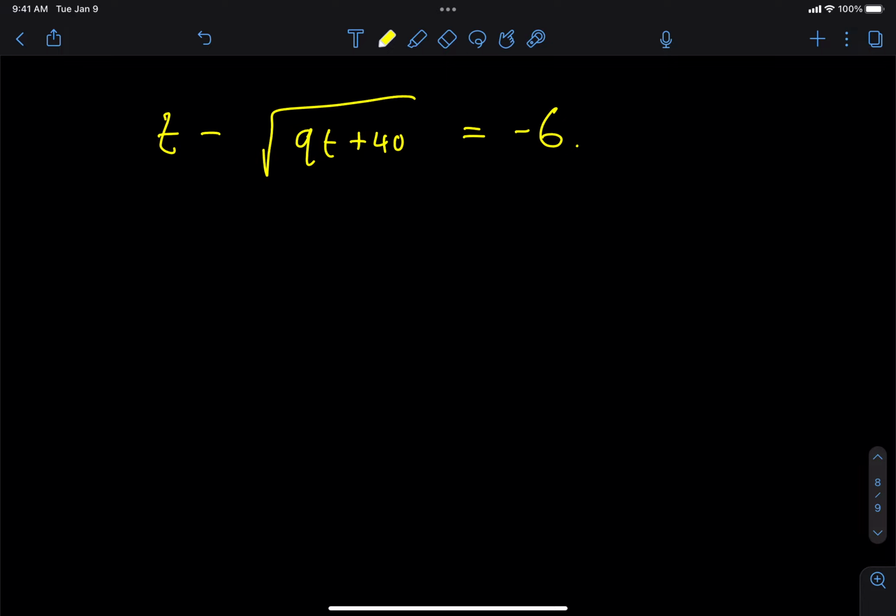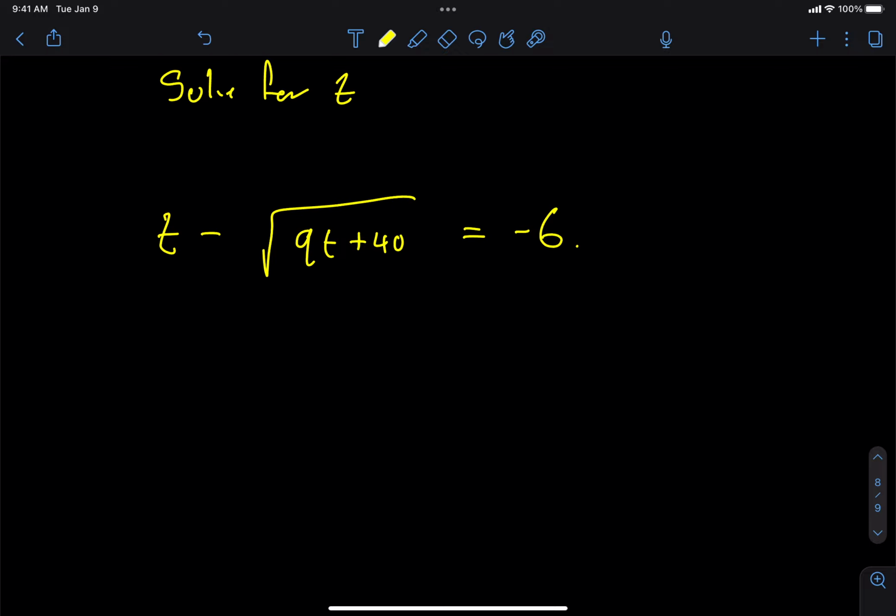So I have a problem here where I'm supposed to solve for t, and my equation has a radical in it. What's my approach when the equation has a radical in it? To isolate the radical. You must isolate the radical first, right?